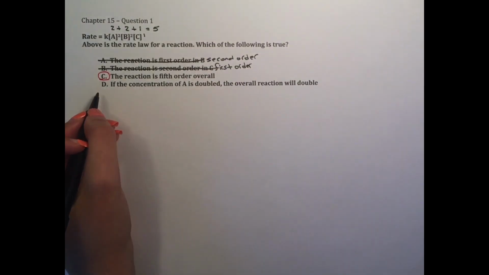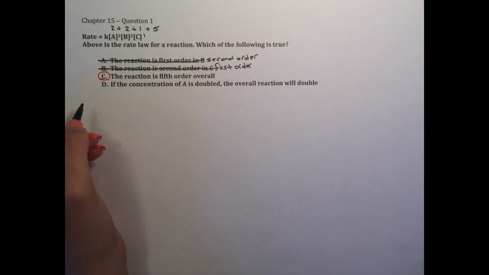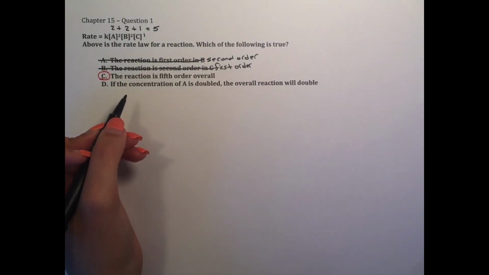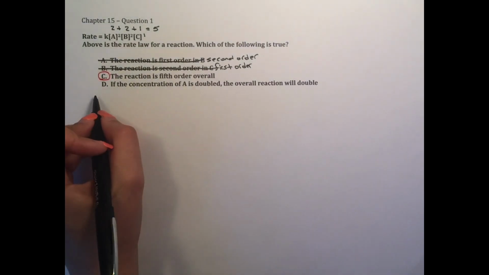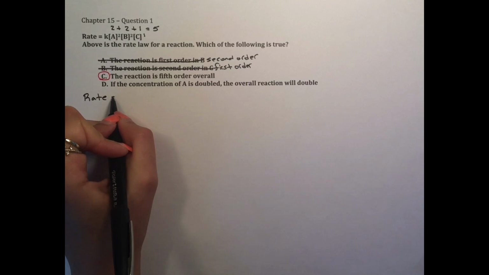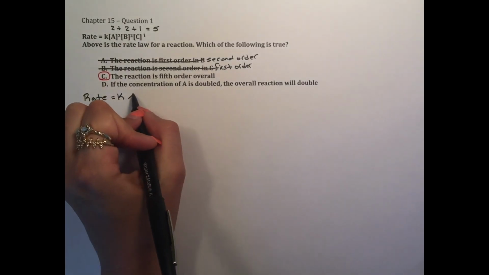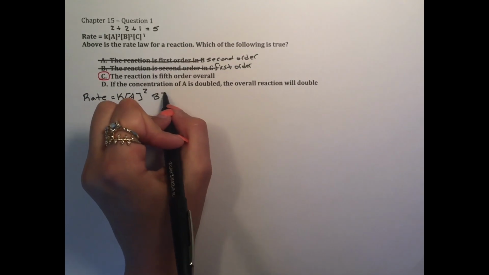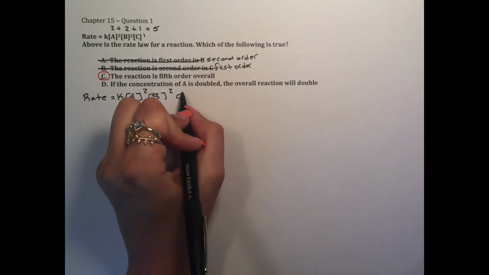So we know that D is not correct, but let's still work through it and see why. If the concentration of A is doubled, the overall reaction will double. Okay, so I'm going to first start by writing out our rate law. Rate equals K, A to the second, B to the second, and C to the first.